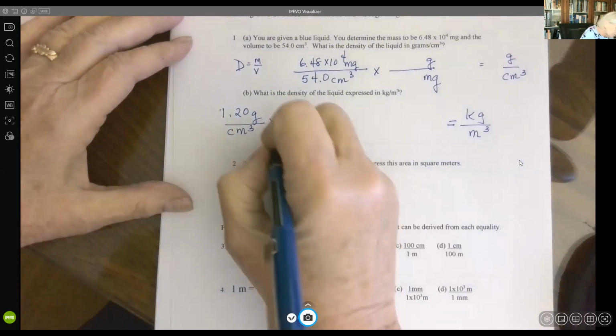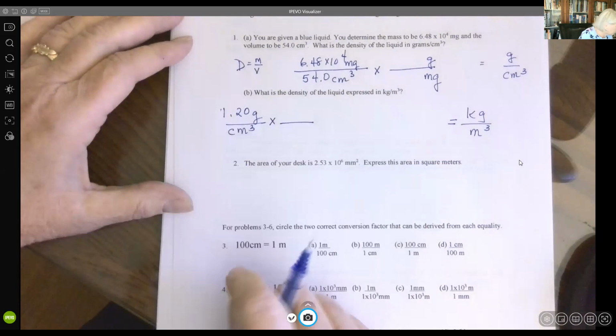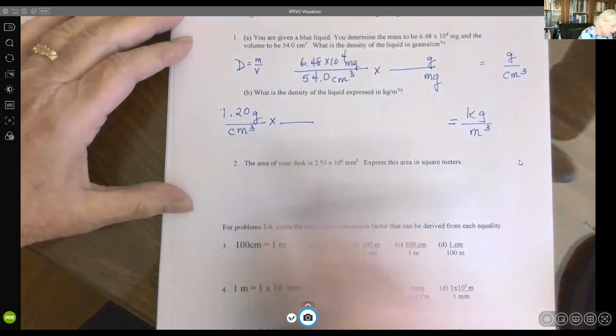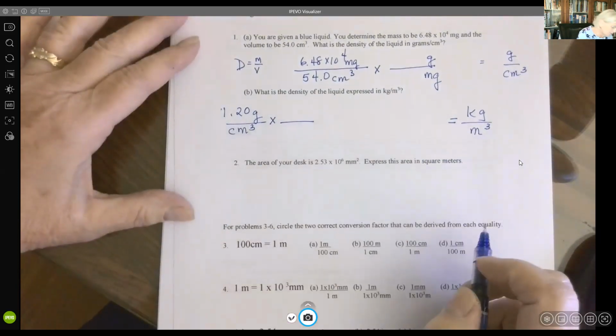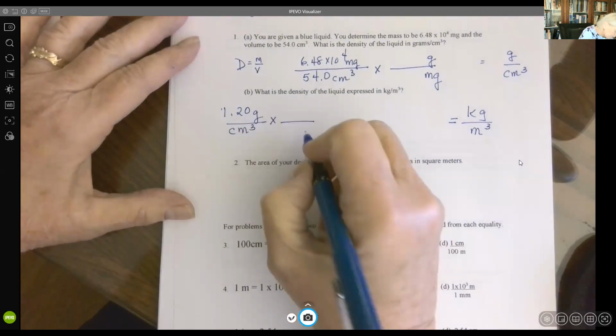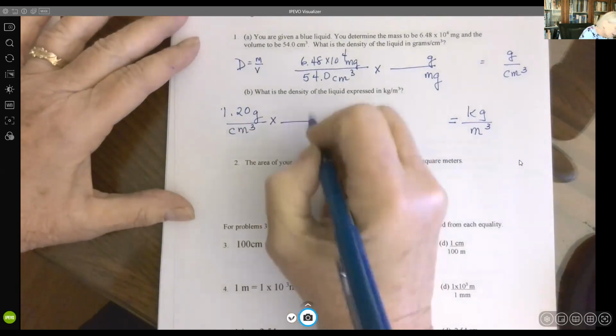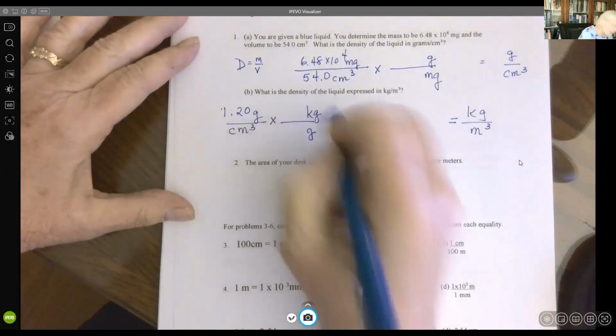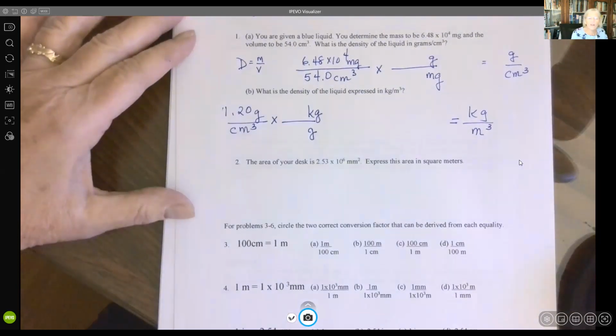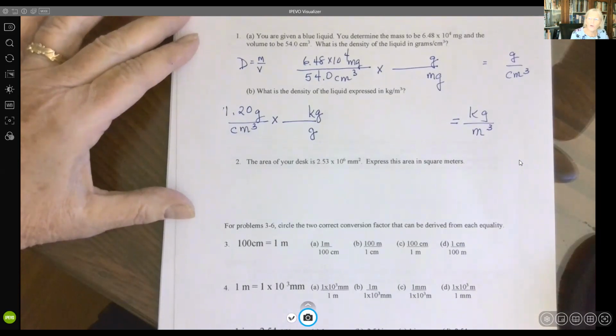So first, you can choose which one to change. Since the grams to kilograms is the easiest, I want to get rid of the grams, so I put it on the bottom, and I want the kilograms on the top. Now you just have to find out, remember, what is the relationship between grams and kilograms? There's 1,000 grams in a kilogram.